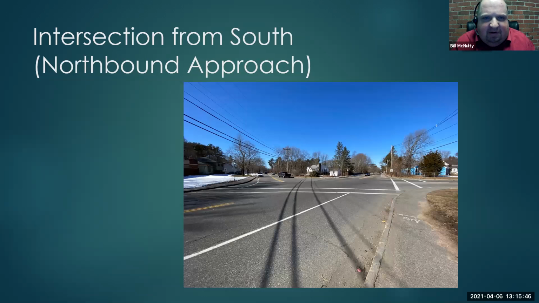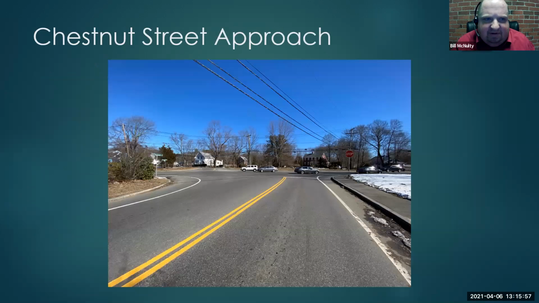And this is from looking from the other side. This one does a better job showing that skewed geometry. This is looking from Chestnut Street. You can get an idea in this photo. On the left-hand side, on the driver's side, there's vegetation on that corner.